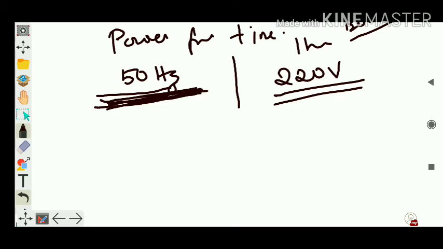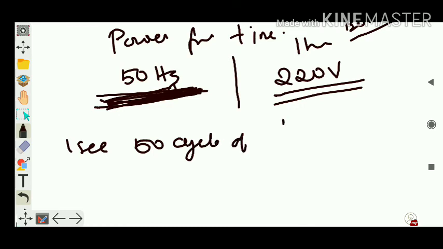Now what do you mean by 50 hertz? That is a frequency. That means in 1 second, 50 cycles of sine waves will be there. This is 1 cycle, and like that there will be 50 cycles. So in 1 cycle, how many zeros are there? This is 1 zero, this is another zero.